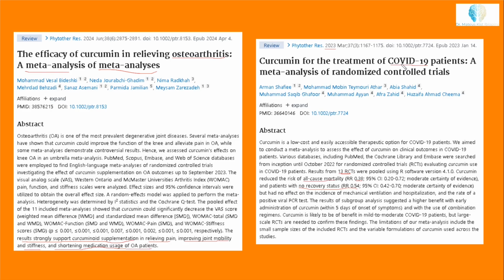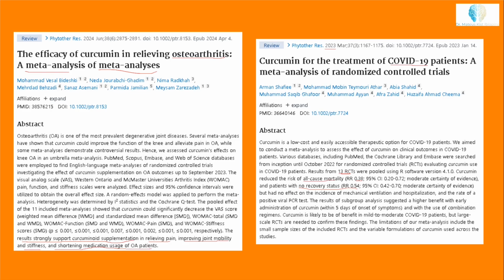It means that curcumin is probably safe and effective and beneficial to these patients, but we have to be careful, especially when we have great results. We call this a big effect size. The size of the effect was very large in this case. We have to take a lot of care in these scenarios.